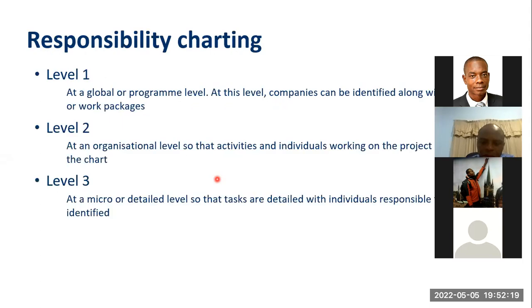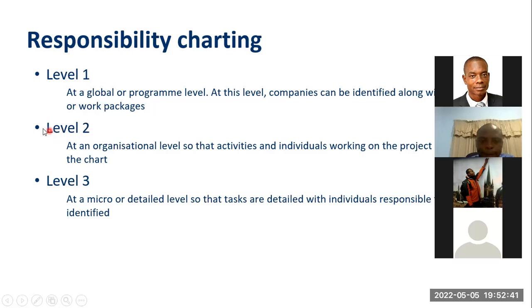They have responsibility charting levels: level 1, level 2, level 3. So level 1 is at a global or program level. If you have a big project, the people whose responsibility is level 1 are at the bigger level. Then we have level 2, which is at the project level. Two or more projects make a program.